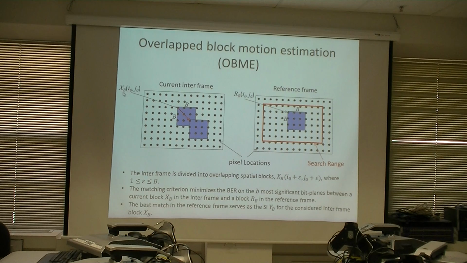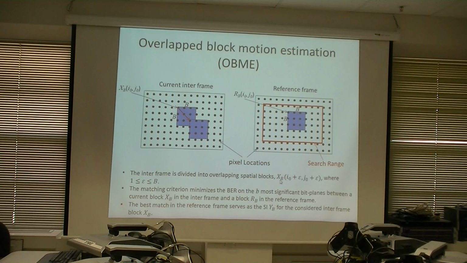In the interframe, it is denoted by X sub B, and in the reference frame, it's called R sub B. Here, S sub 0 and G sub 0 represent the top left coordinate of this block. The interframe is divided into overlapping spatial blocks. Here, the overlapping step size is epsilon.